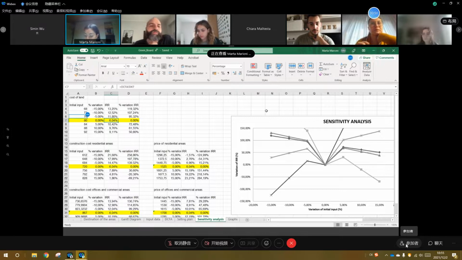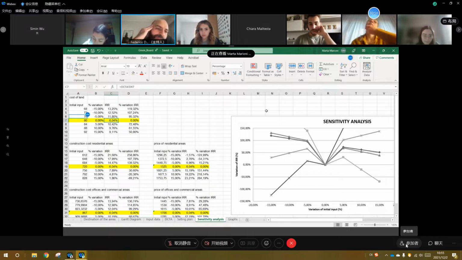So, for this you should change one variable at a time. You have to change the input data of the cost of land in the spreadsheet of input data.